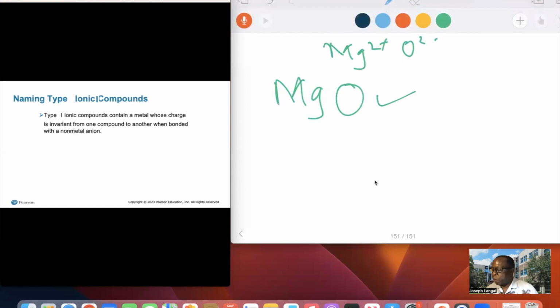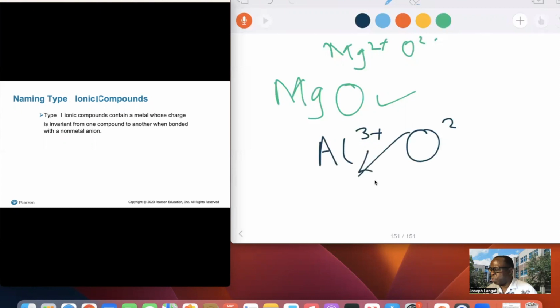However, if you are working with something, let's say, for example, aluminum +3 and oxygen -2 like that.